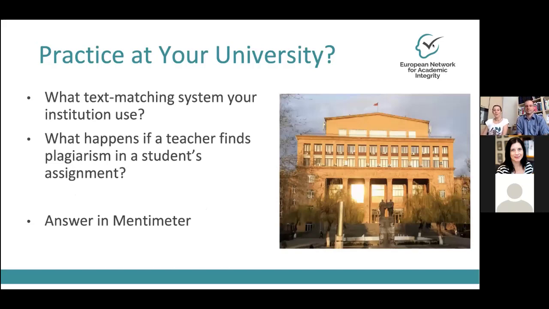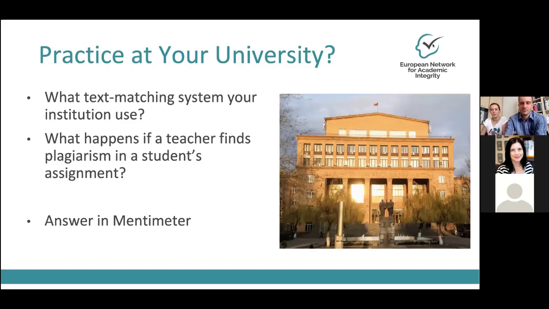So now that we have kind of agreed on the definition, let's move one step ahead to the next topic, and this will be the policies or the processes regarding plagiarism. So again, please open the Mentimeter. If somebody joined late, maybe we can repost the code to join, because I guess you can't see the code in this case.